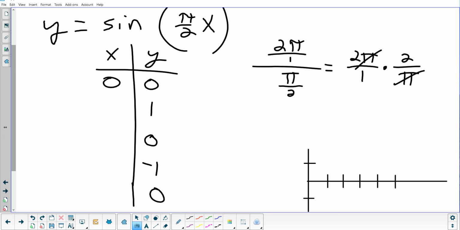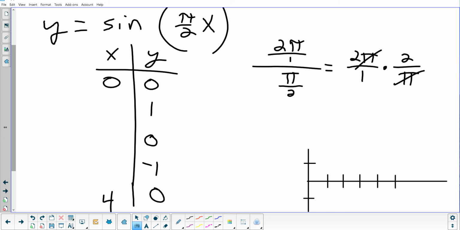Same idea. And what are you left with? TJ? 4. So this graph ends at 4. This is the first time all week we're going to have x values that don't have pi in them. And that's because the pi canceled out. That's the way the problem worked out.